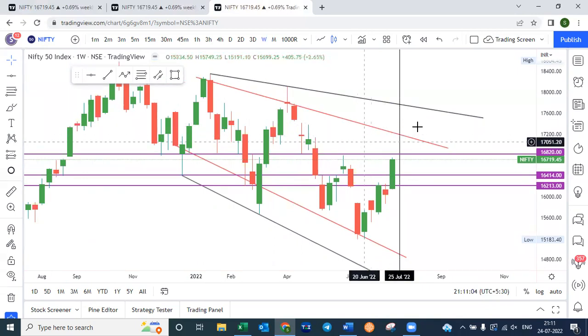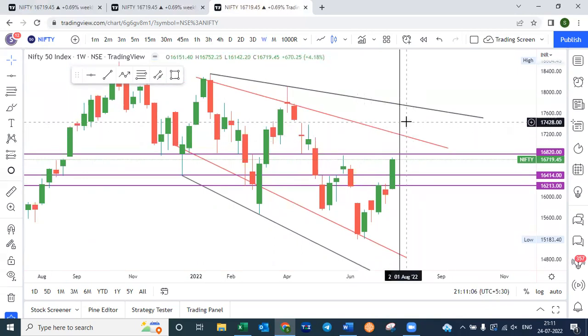See, when you take a call, your immediate thought should be, where is my resistance point? And when you take a put, your immediate thought should be, where is my support point? So if I'm taking a call, I would like to see where the market can take a resistance from. So if you see candle number 1, 2, 3, 4, 5, 6, 7, 8, 9, 10, 11 candle.